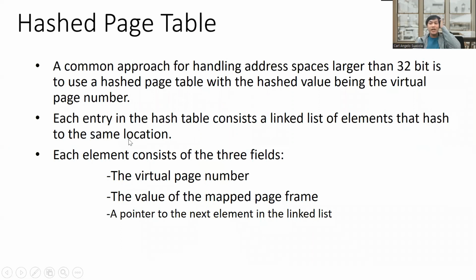Hash page table: this is a common approach for handling address spaces larger than 32 bits, using a hash page table with the hash value being the virtual page number. Each element consists of three fields: the virtual page number, the value of the mapped page frame, and a pointer to the next element in the linked list.